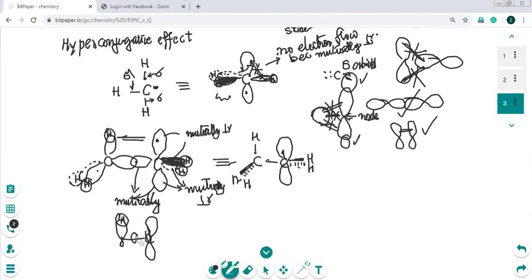You can rotate it 360 degrees because it is a single bond. So there will be interaction with this. So, allowed interaction.